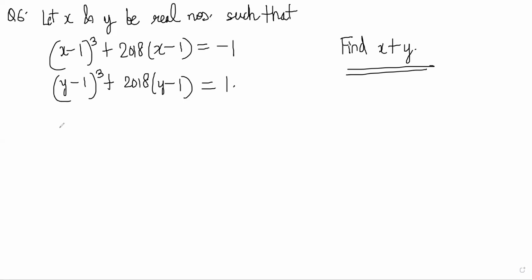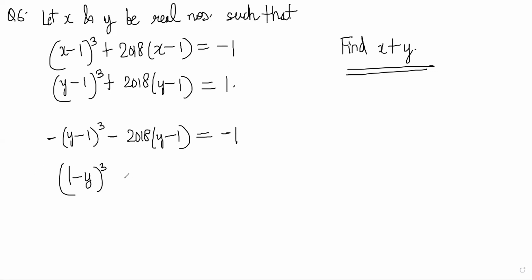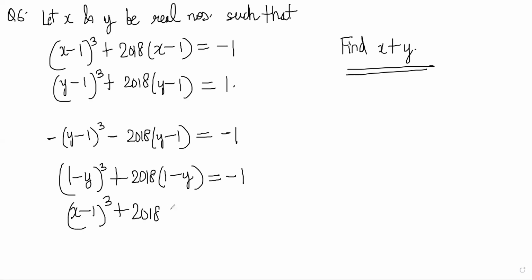If I put a minus sign here, I get minus of y minus 1 whole cube minus of 2018 times y minus 1 is equal to minus 1. And I can write this as 1 minus y whole cube plus 2018 times 1 minus y is equal to minus 1. And I also have x minus 1 whole cube plus 2018 times x minus 1 is equal to minus 1.